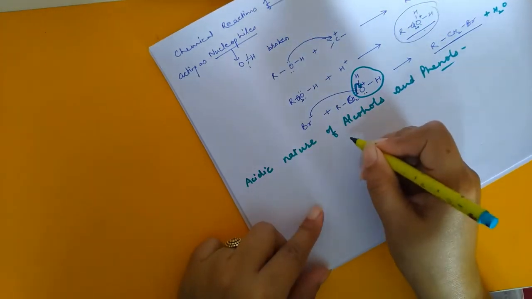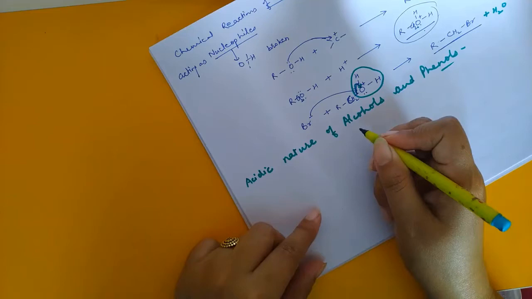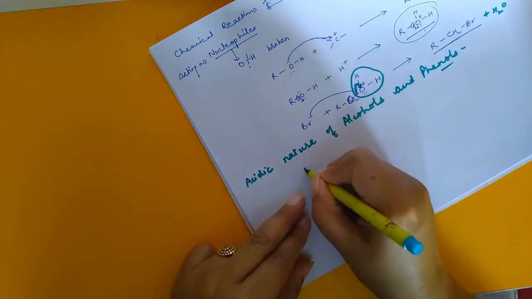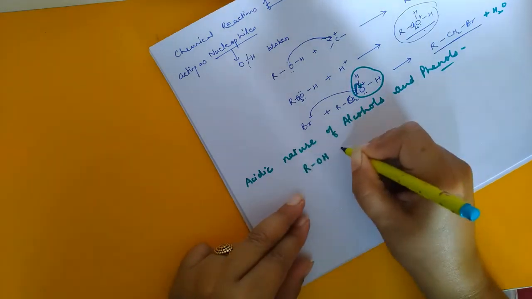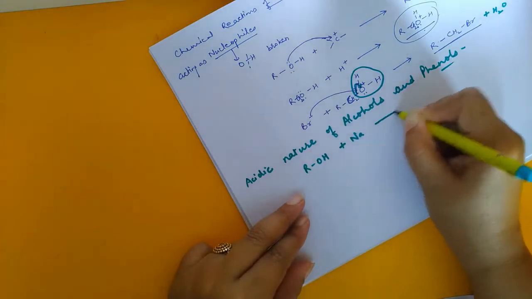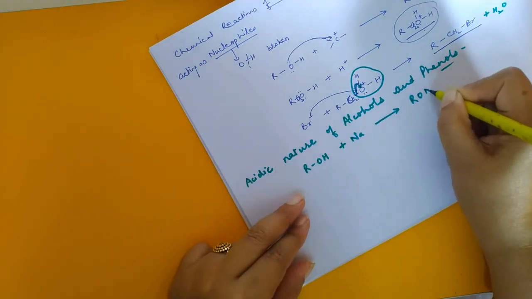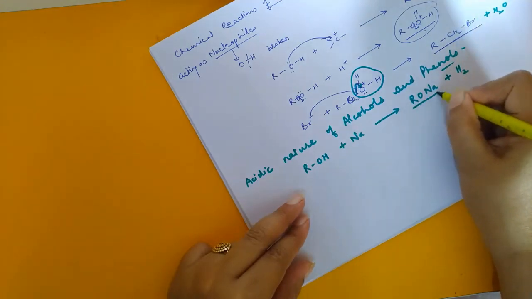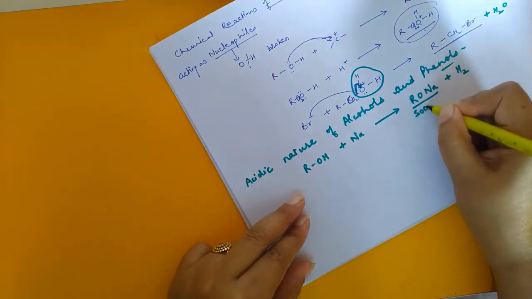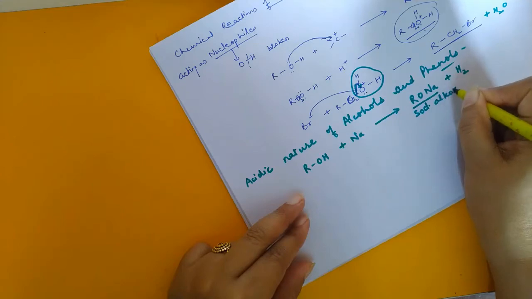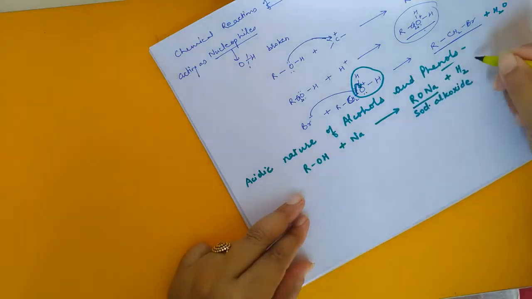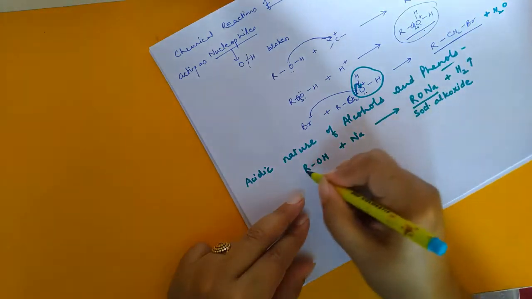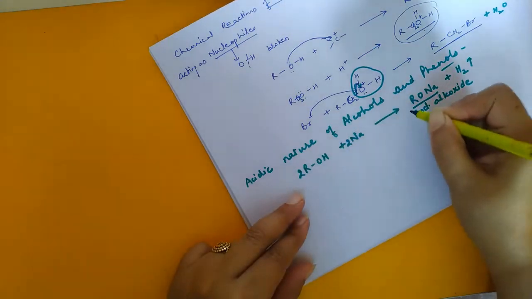So the same is expected from alcohols and phenols also, and they do so. Like ROH, this is an alcohol, it reacts with sodium metal to give RONa plus hydrogen gas. So this is sodium alkoxide. Sodium alkoxide is formed and hydrogen gas is released. If we balance the reaction, it has to be like this.